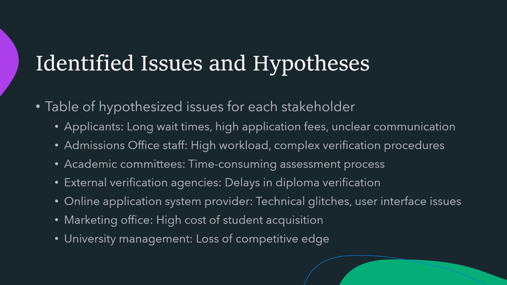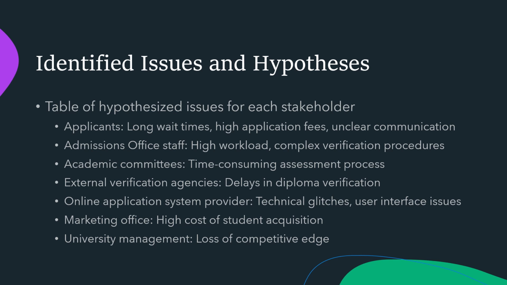Talking about the identified issues and hypotheses, through preliminary data analysis and stakeholder interviews, we have identified several potential issues impacting the admission process. These issues vary across different stakeholders, each adding to the overall inefficiency and potential loss of candidates.